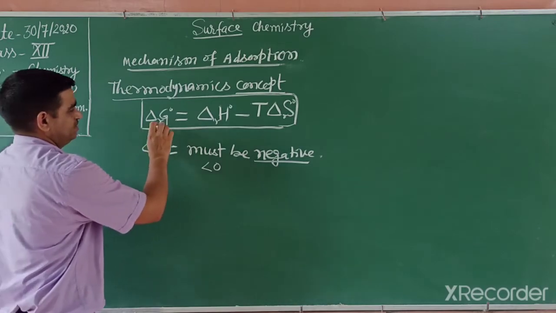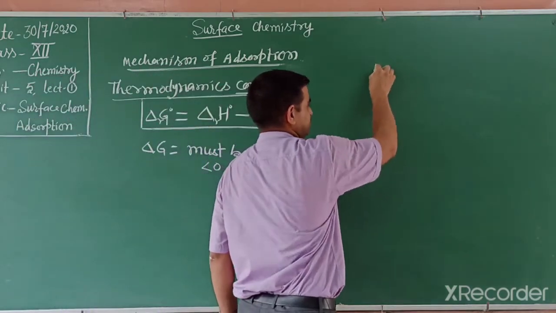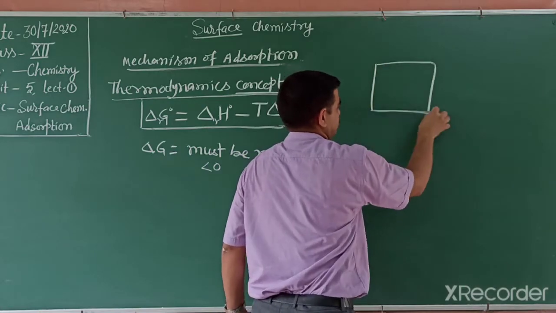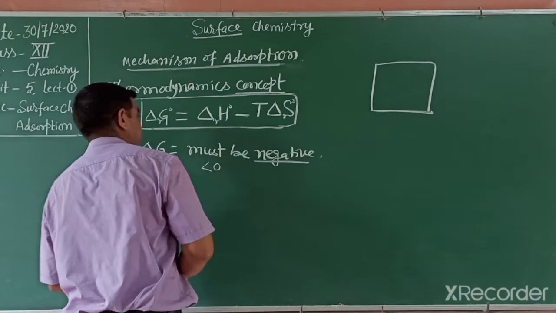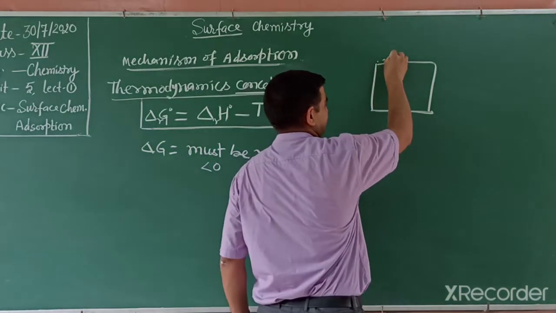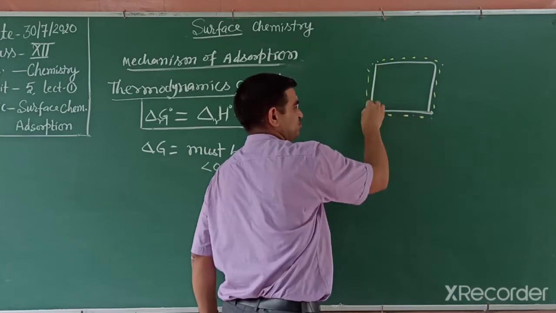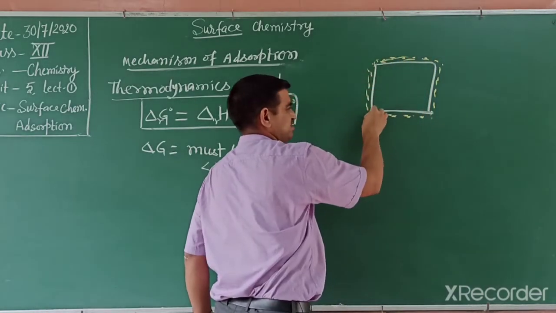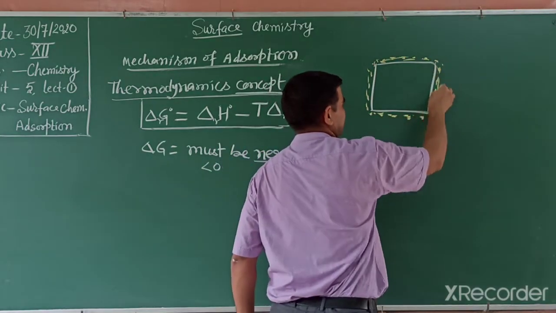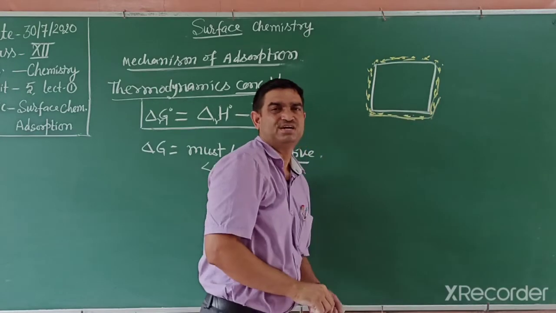So how can this negative value occur? Students, we already explained that adsorption is an exothermic process, because the molecules occupy the surface, and when they occupy it, bonds form. When bonds form, energy is released to the surroundings.